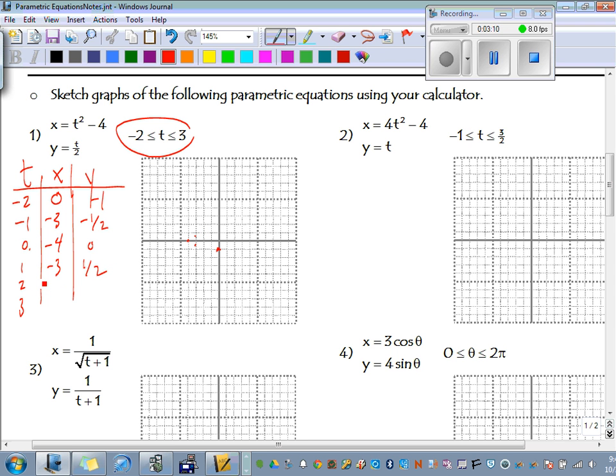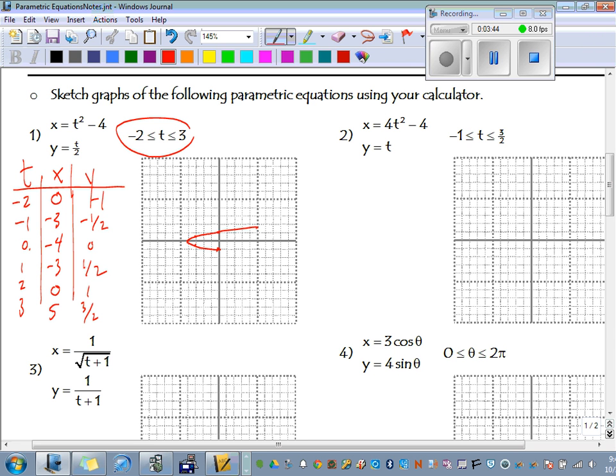Put 2 in, we're going to get 0 and positive 1. And then if we put 3 in, we're going to get 5 and 3/2. So we have a point at 5, 3/2. So what we end up with here is a part of a sideways parabola. That's the path that we're graphing here.